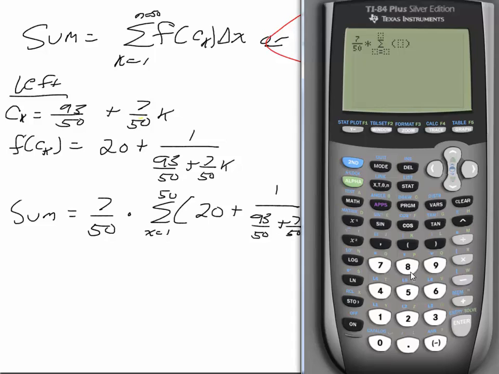Math 0, the summation of x equals 1, up arrow, to 50, of 20 plus, and then I'm going to do alpha y equals and select the fraction again, 1 over, alpha y equals, fraction, 93, down arrow, 50ths, plus fraction 7/50ths, and then an x, like so.